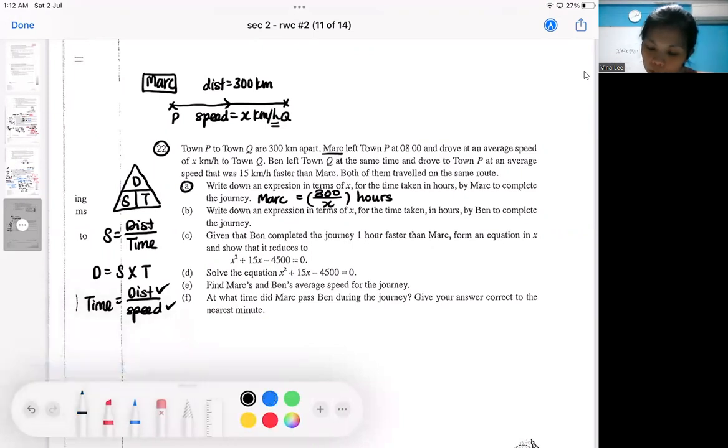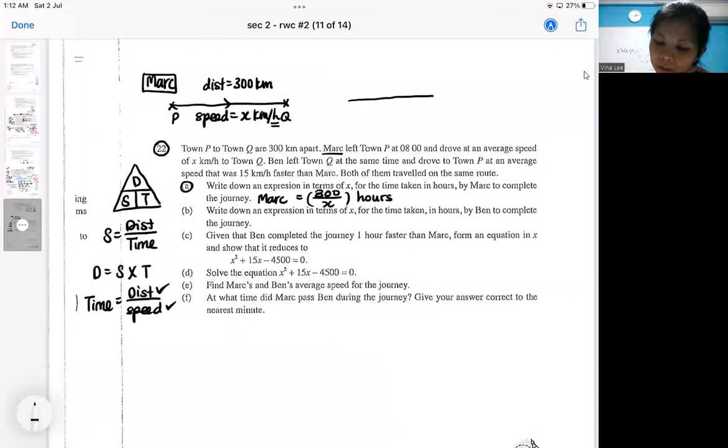So the same thing is going to happen for Ben. But for Ben, he's traveling the other way around. So he's traveling back. And then the distance obviously will still be the same. But the speed will be a bit different. The speed is 15 kilometers faster.